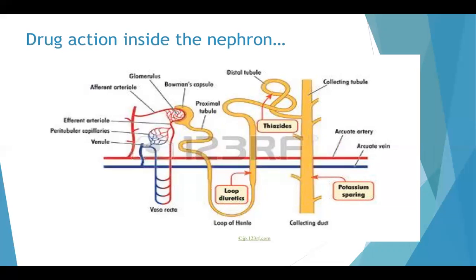And even this picture shows you where some of the different diuretics work. So you see loop diuretics work down by the loop of Henle, thiazide diuretics work in the distal tubule, potassium sparing diuretics work down by the collecting duct.